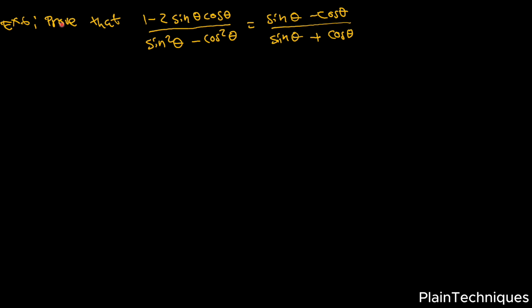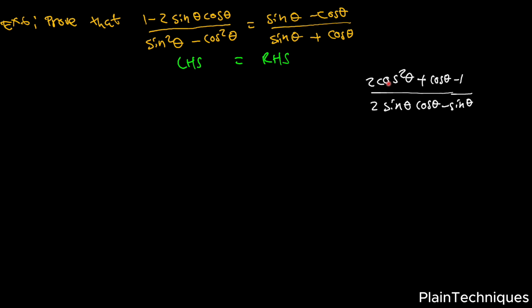We need to prove for example number 6 that the left-hand side is equal to the right-hand side, right? Now, before we continue, I want to mention something about the left-hand side of the previous example, example number 5. Now, this is the left-hand side from the previous example. Similarities: there is 1 right here, and there is 1 over there.